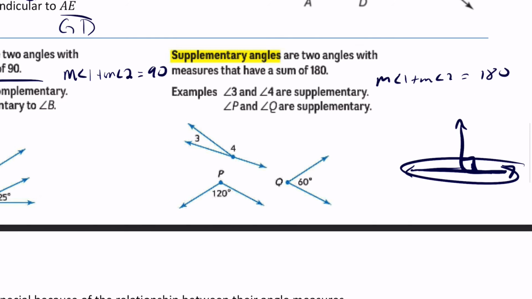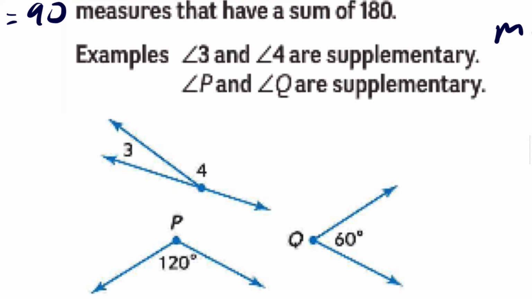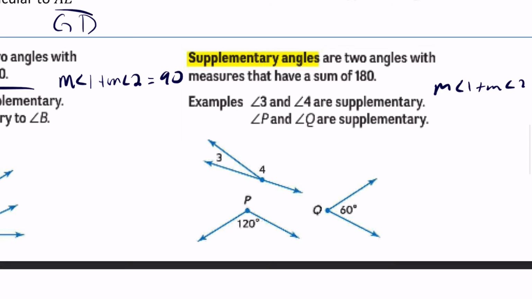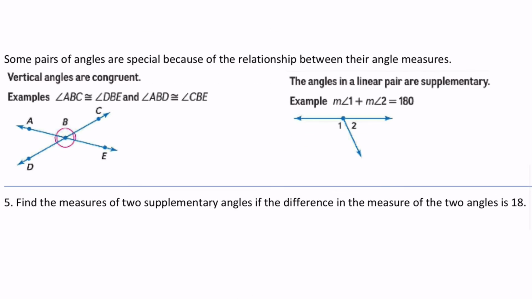So that's going to help you remember, or if you want to think deeper, that's what it means to be supplementary. You can see from here, if you have these two angles, it creates a line, which will give you 180 degrees.